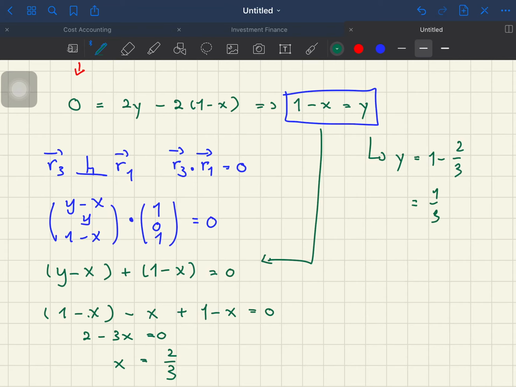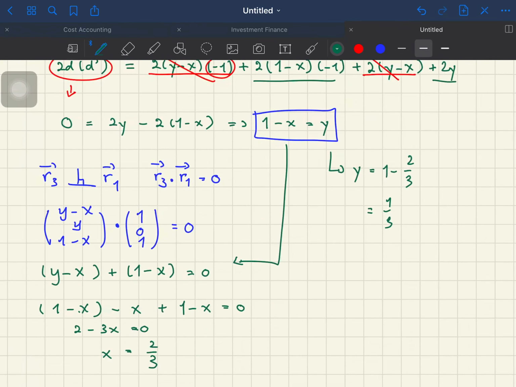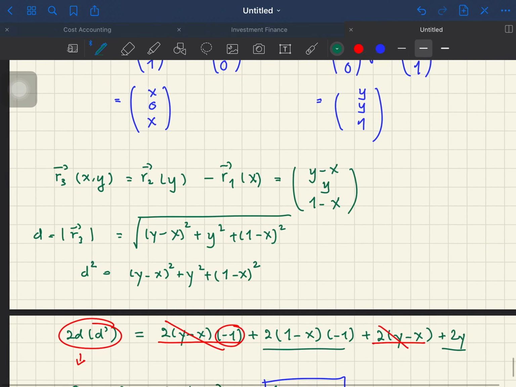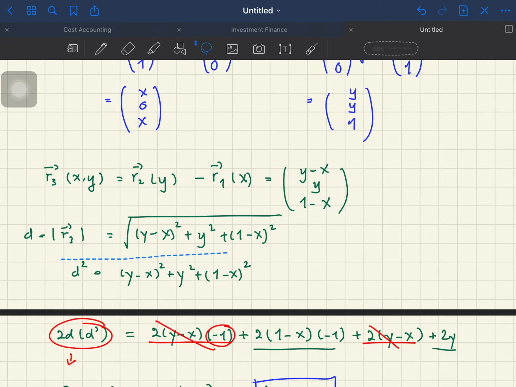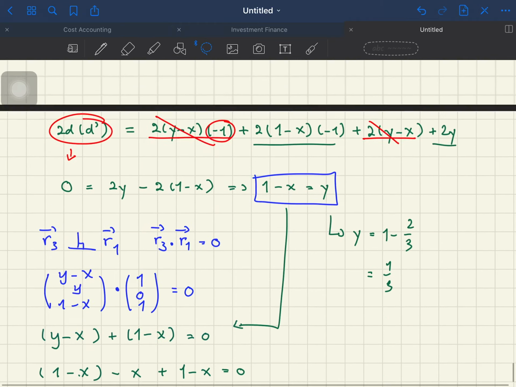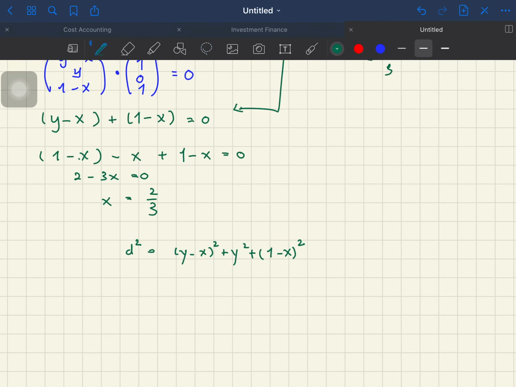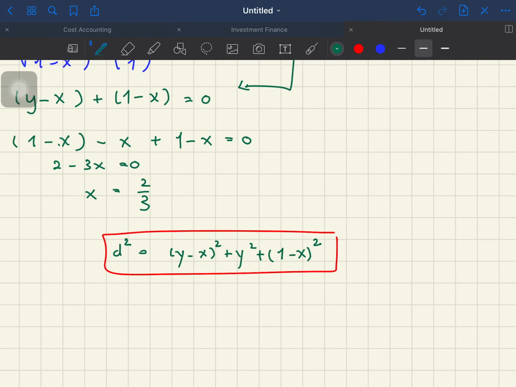Well, it's nice. So can we find the shortest distance between the two vectors? Yes, we can, because we have R3 here, and we have already derived this distance formula here. Remember this one, this is the distance formula. Now we just have to find d, and that's the answer.